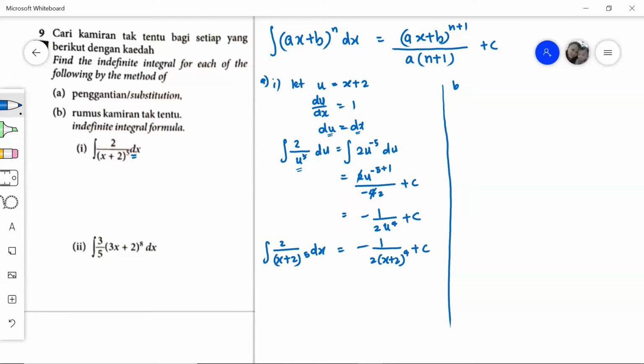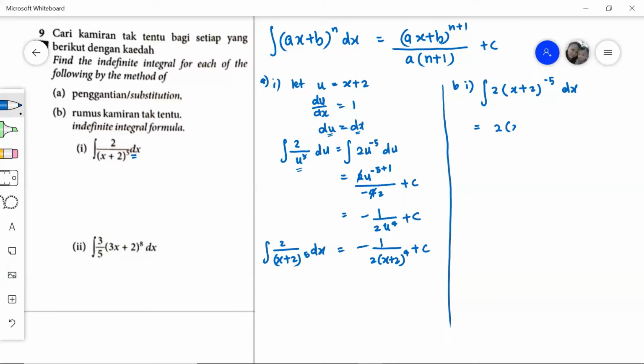raised up to the power of 4 plus c. And then for the second method, the integral formula. To integrate the 2, we have to bring this up as a negative index first, and then we start to integrate.